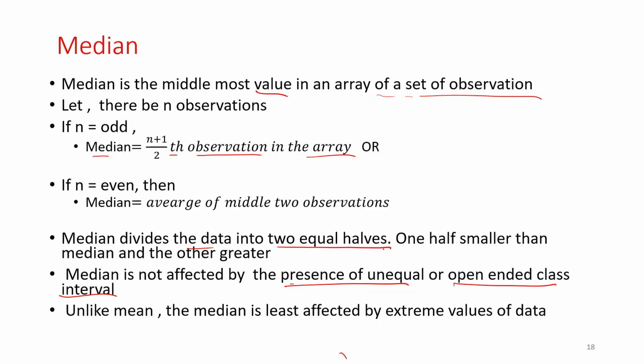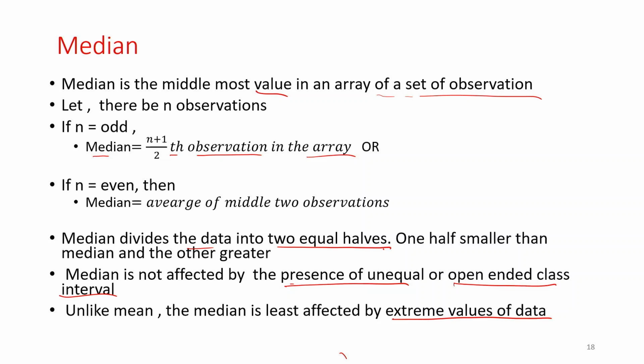Unlike mean, the median is least affected by extreme values of data. The extreme values of data will not be able to affect the median much, because first of all, you are putting the data in increasing or decreasing order.